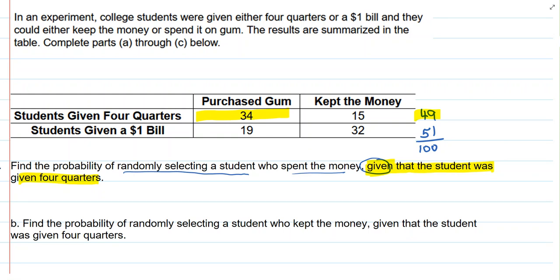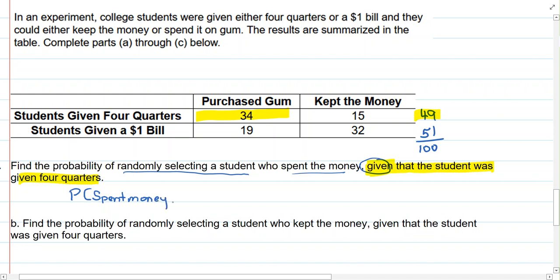So let me write it down. Probability, spent money on gum, such that given 4 quarters.